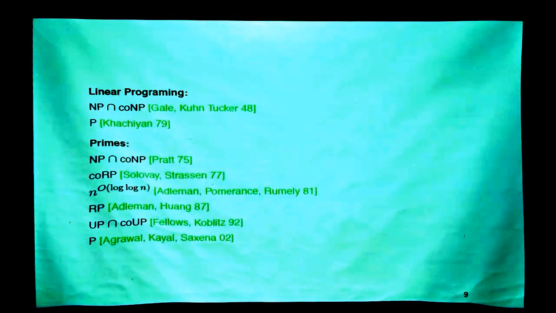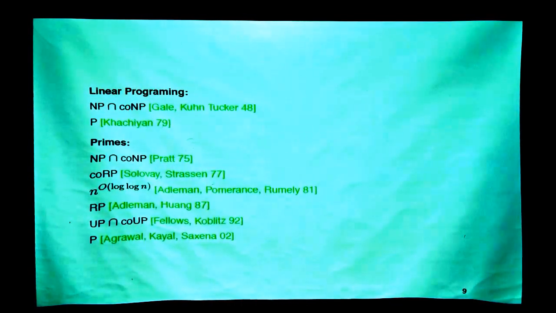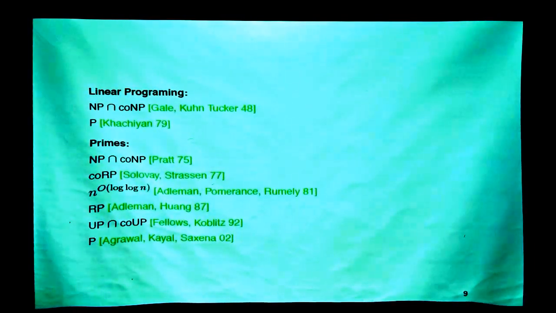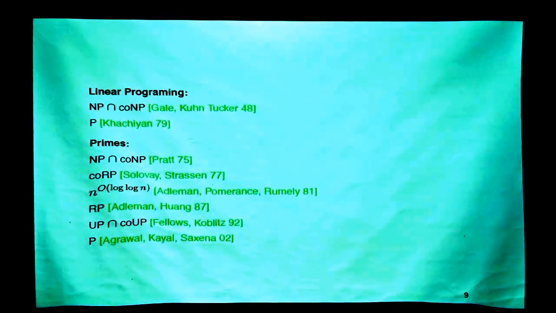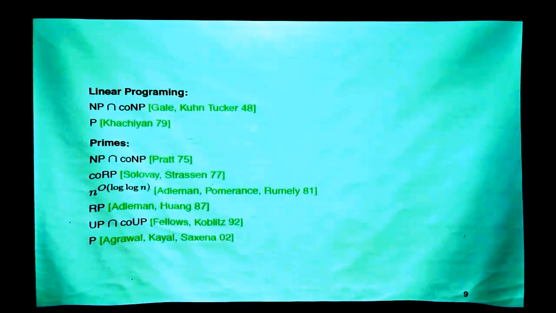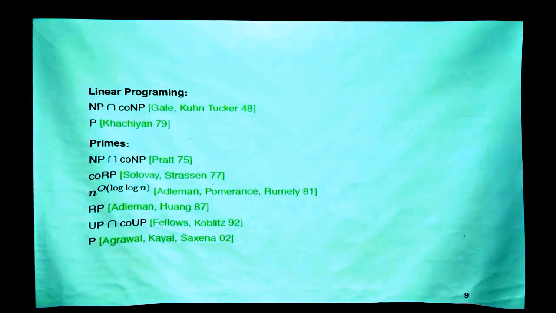In the 70s, it was shown to be in NP and co-NP, then came all the other complexity classes, until it was finally shown to be in P. So I'm thinking that maybe for the isomorphism problem we get a similar history, where people try to put it in more and more classes until finally maybe somebody manages to put it in P. But it doesn't have to be there, although I believe it is.